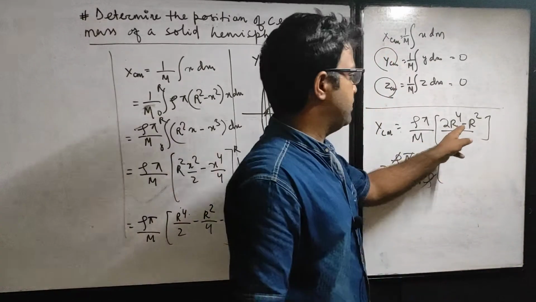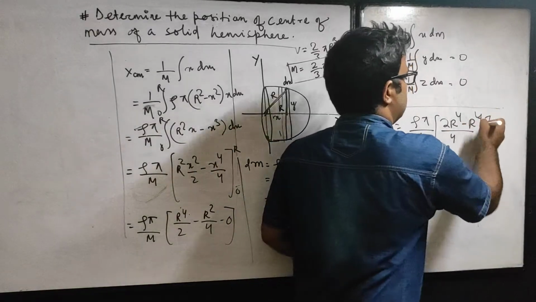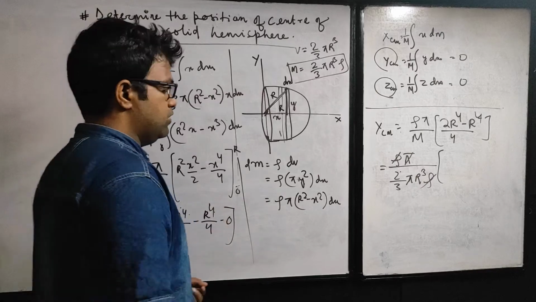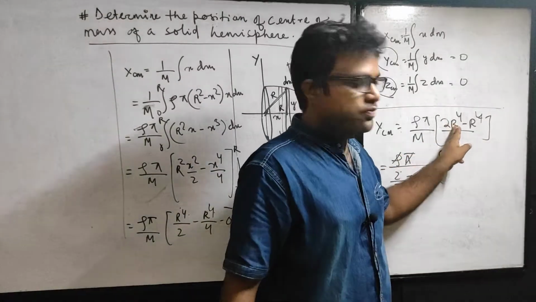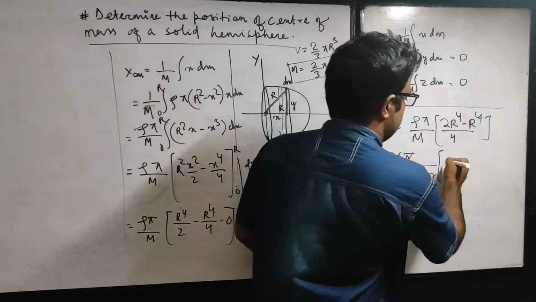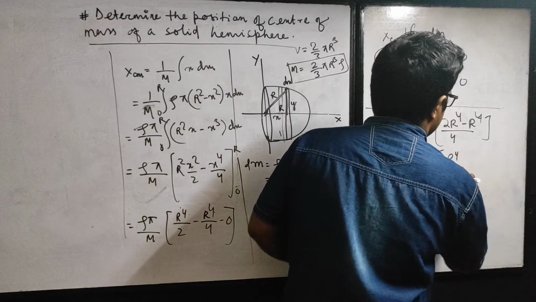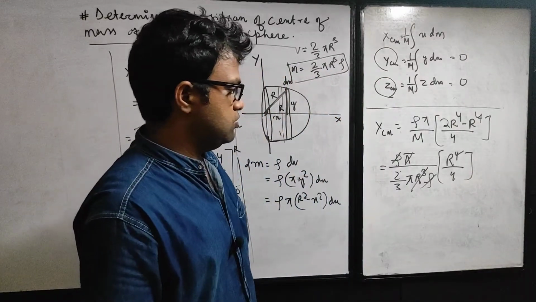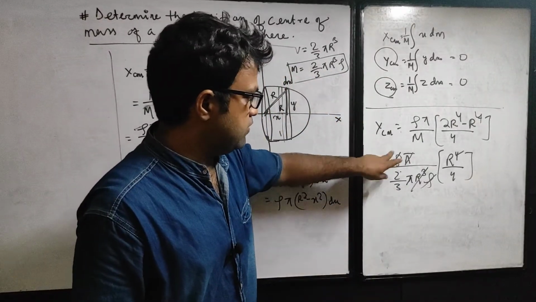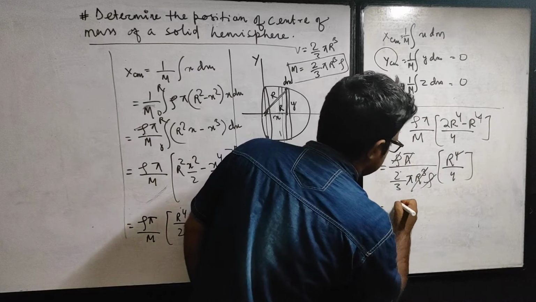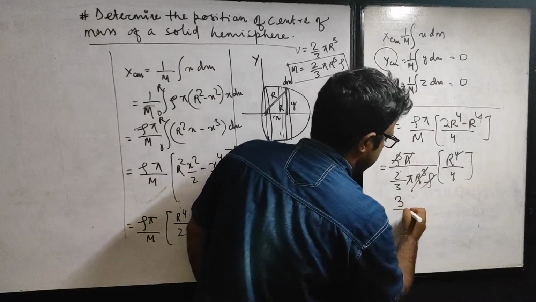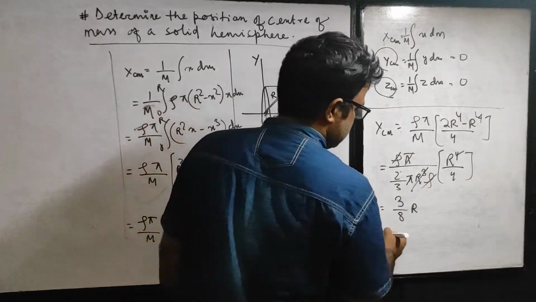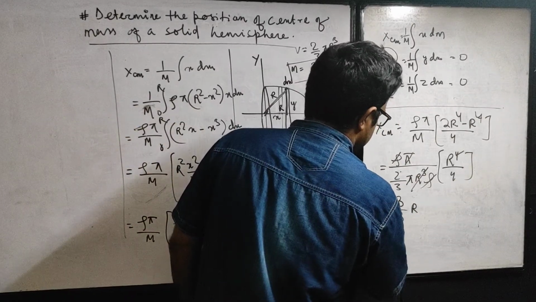Inside the bracket, 2 over 4 here, and 4 here. 2 r to the power 4 minus r to the power 4 is r to the power 4 by 4. Now r cube and the 4 will cancel out. So what will be left? 3 will go up. So it's 3, 2 into 4 is 8, so 3 by 8 r. This is your XCM.